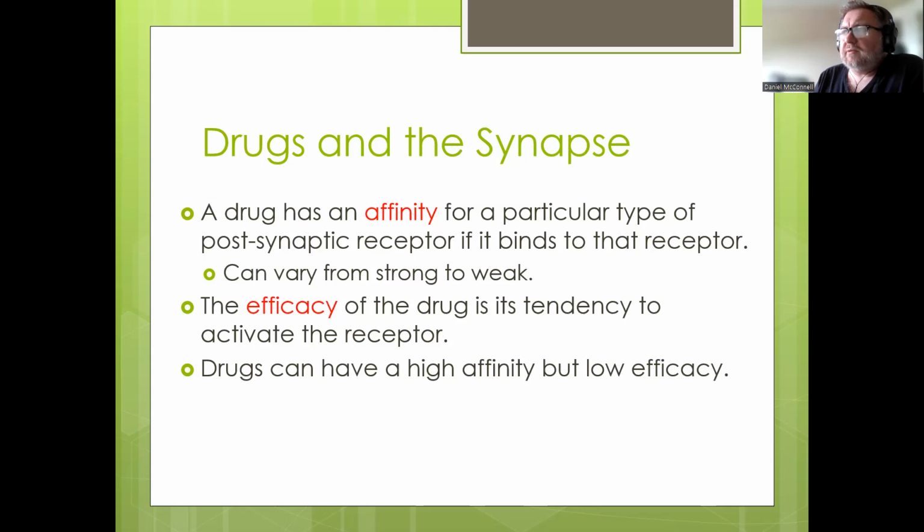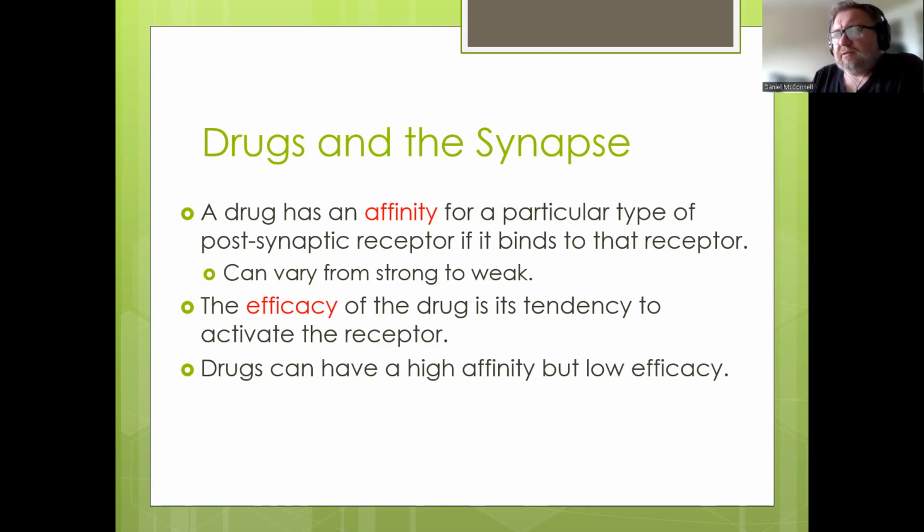So we can talk about the degree of affinity a drug has for a particular receptor on a postsynaptic membrane. High affinity would mean that the drug has a very, very similar molecular shape to whatever neurotransmitter it's mimicking. And a weak affinity means that it's not quite so similar, so it does not particularly bind well to these receptors, and it might occasionally create an effect and open up a few receptors, but maybe not consistently.